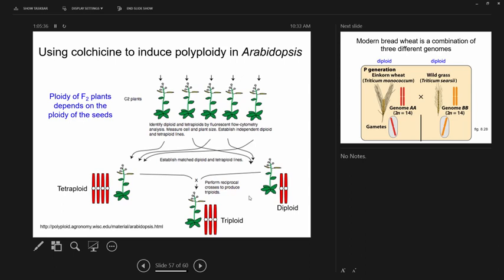So to get a triploid, you take a diploid, treat it with colchicine, get a tetraploid plant, and then once you have a tetraploid and you're maintaining it, all you have to do is keep crossing it to the diploid plant to get the triploid. That's the difference with the watermelons.